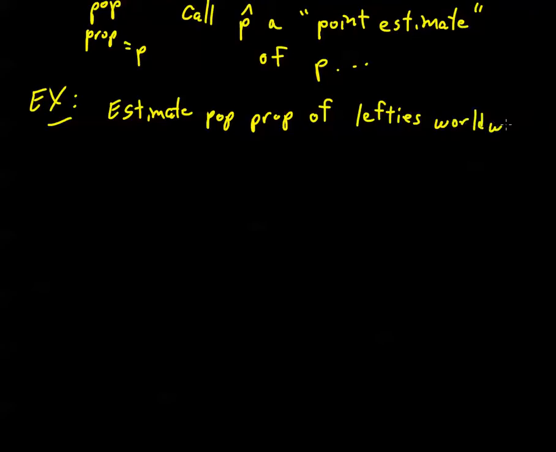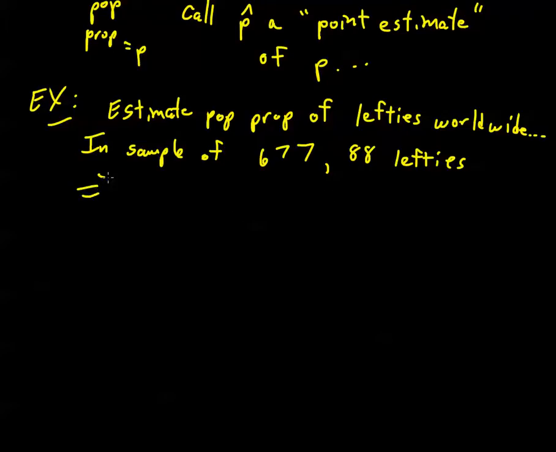Of course, worldwide we can't come up with that exact value. There's billions of people to count. Alright, well, the next best thing I can do is take a sample, right? So let's say in a sample of 677 people, we find 88 are left-handed.